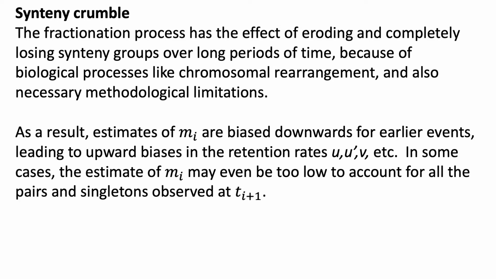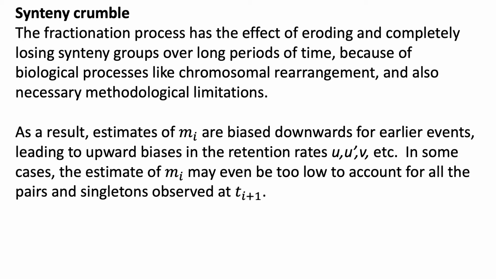Unfortunately, there's another problem with the data, and that is that the earlier events give rise to synteny blocks which we cannot observe very well. We can observe them, but they've lost a lot of genes. Some of them have disappeared because they're not long enough for the software, and the software won't accept synteny blocks that are shorter than some default.